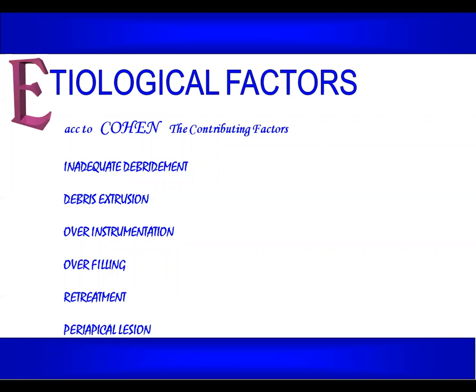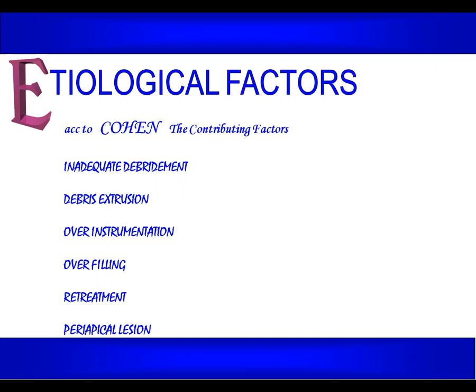Then next is retreatment. When there are various failures of the root canal treatment, we do retreatment, that is, re-root canal. While doing this, there are various procedures. We should first remove the permanent filling or the core build-up. Then the gutta-percha is removed, and a proper examination of the canal is done.